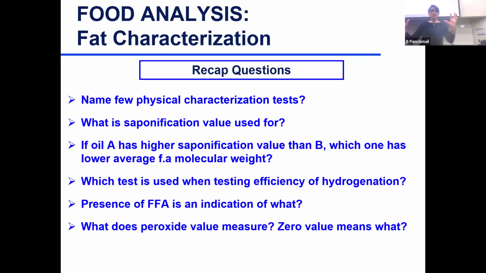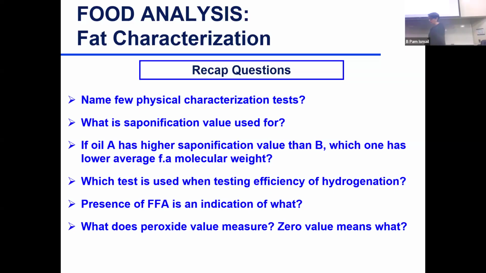Therefore, with fewer moles per gram of fat, less KOH is needed to saponify this oil. So it's an inverse relationship. Okay. Which test is used when testing efficiency of hydrogenation? Iodine value. It is used to determine the degree of unsaturation.